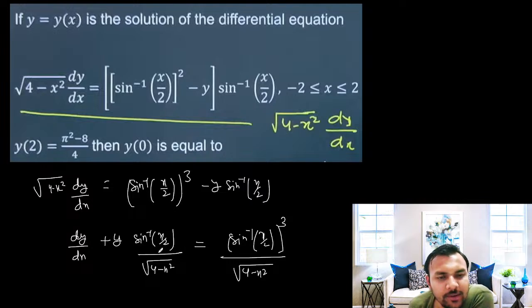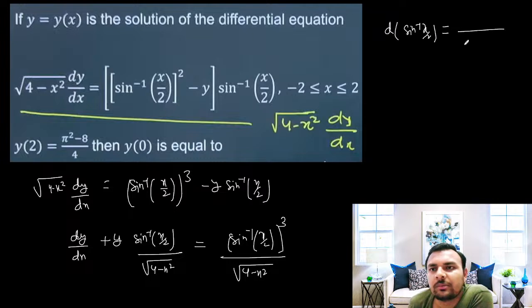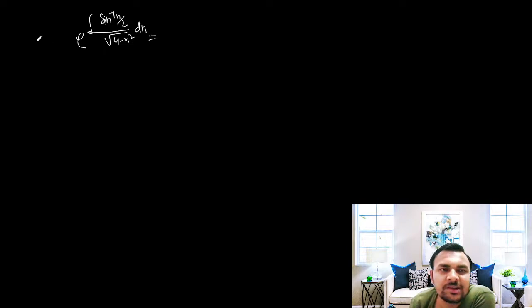Now what will happen? Differentiation of sine inverse x by 2 is what? 4 minus x squared to the power 1 by 2, 1 by 2. It is like this, okay? It is dx. So we can say that the integration of this is what? Ln sine inverse x. So if you go further, it is nothing but e to the power integration of sine inverse x by 2 upon root 4 minus x squared dx, which is nothing but the integrating factor.